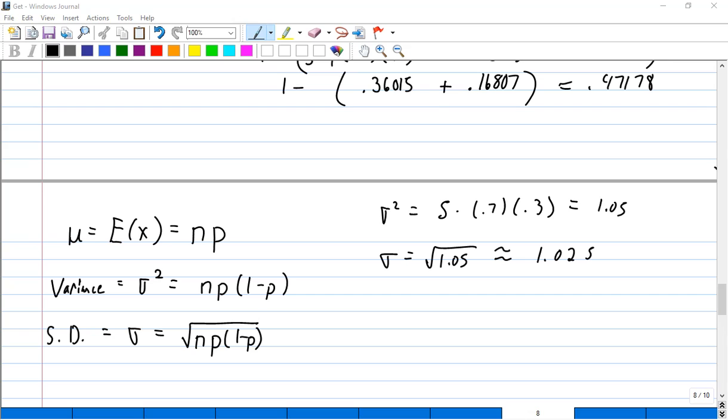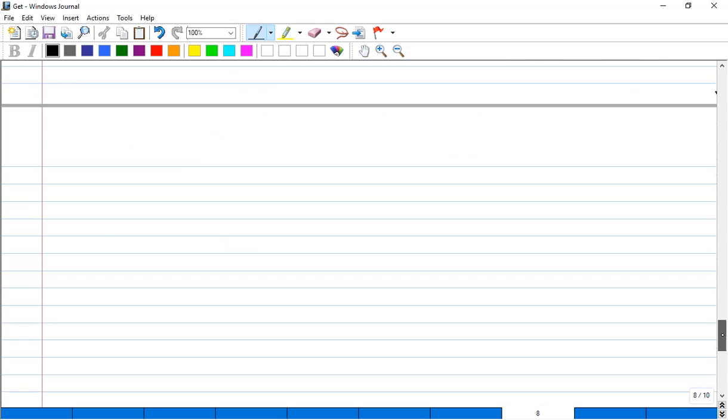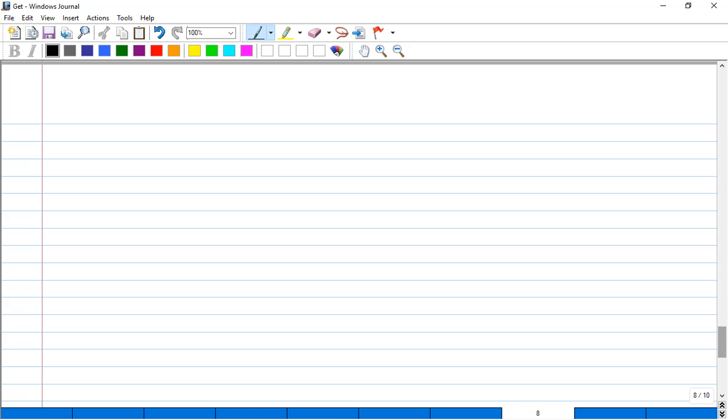Okay, discrete probability distributions. This was the binomial distribution. Next, we're going to talk about the Poisson distribution.